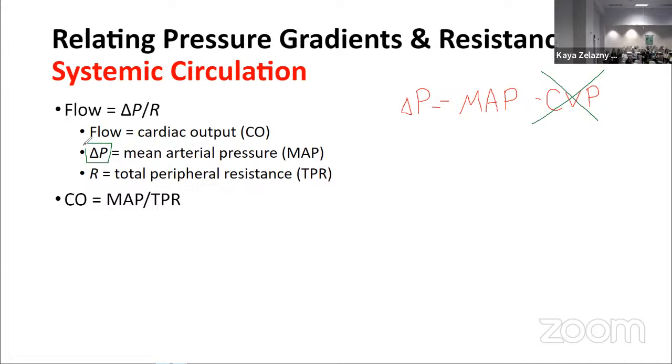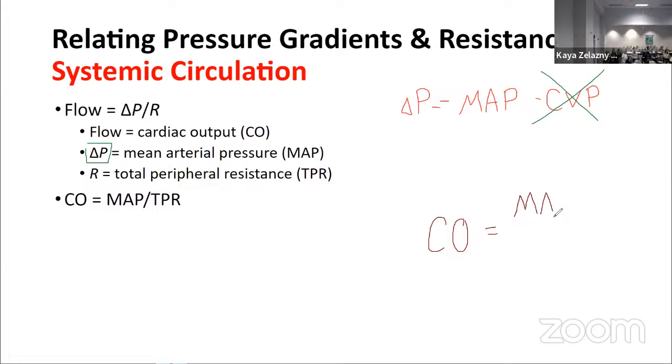Okay, so we can start to reshape this equation using some of these properties. So I'll click here. Okay, so we had our flow is cardiac output, equal to our delta P. So that's where we're going to put in our mean arterial pressure. Okay.